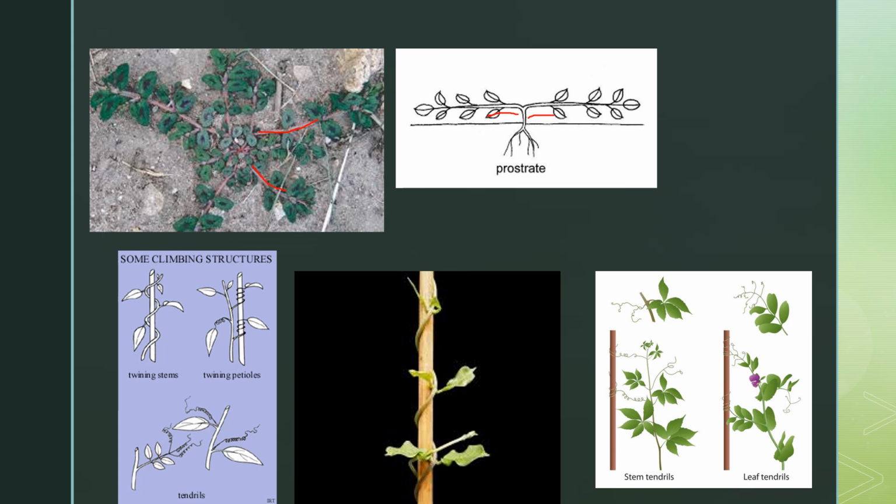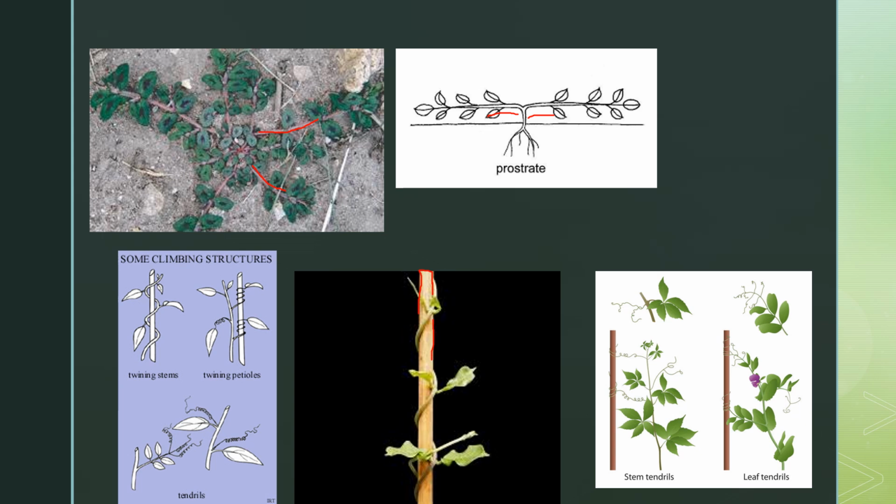So it's laying flat on the floor. Another type is the twining stem, like this picture in the middle. This is the object, or we can say the support. It can be another stem of another plant or any object.